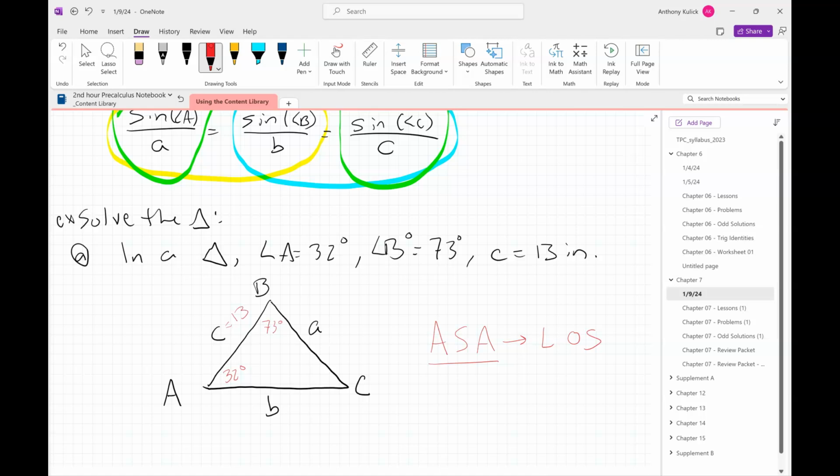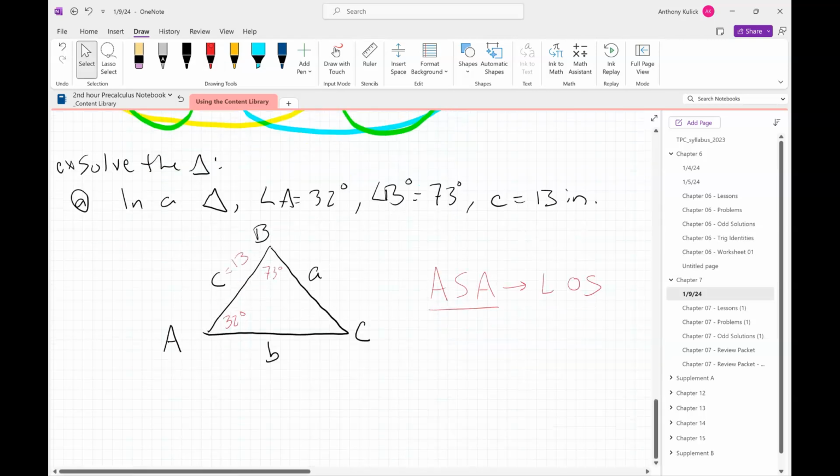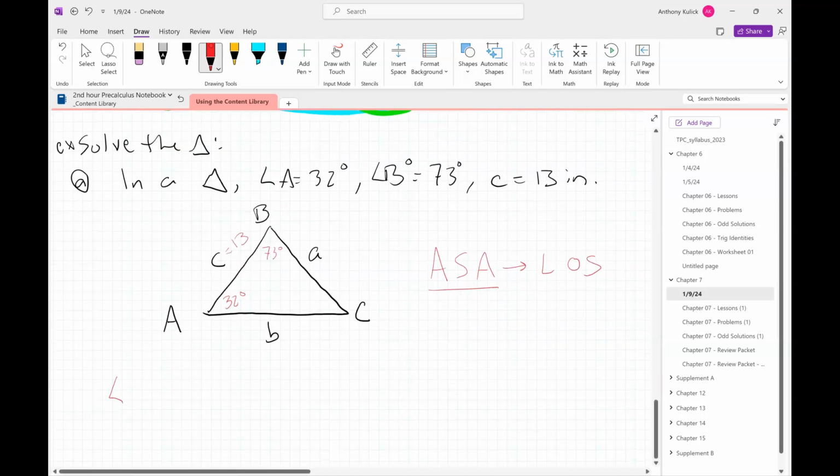It's not side A. Angle C. Great. How can I find angle C right away? Triangle has only 180 degrees to it. So C must be 180 minus the 32 minus the 73.